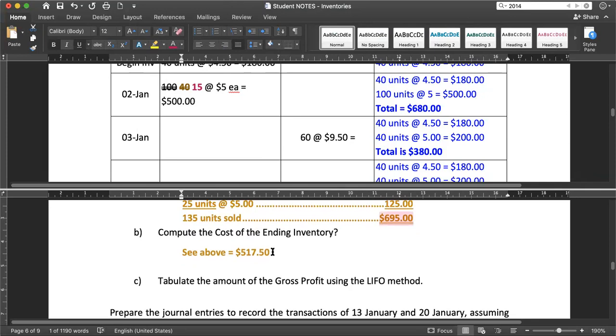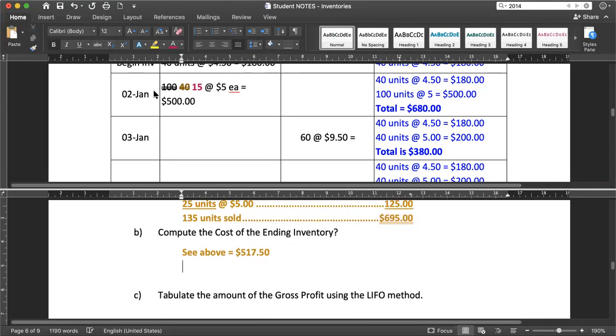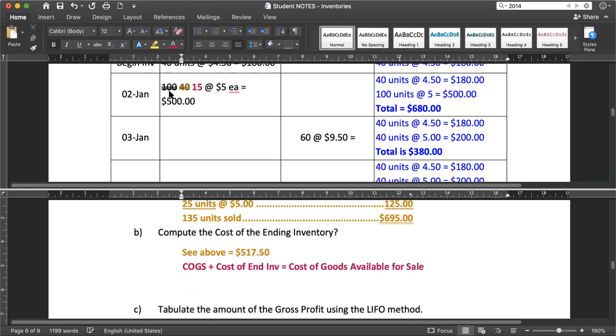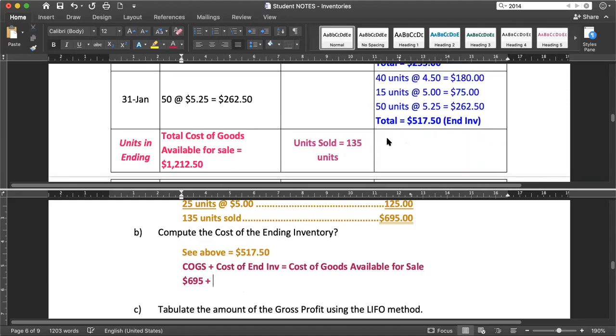All right, so let's just do our check. Remember, we said that the cost of goods sold plus the cost of the ending inventory is going to be equal to the cost of goods available for sale. So cost of goods sold was $695. The cost of the ending inventory, remember we calculated it as $517.50.